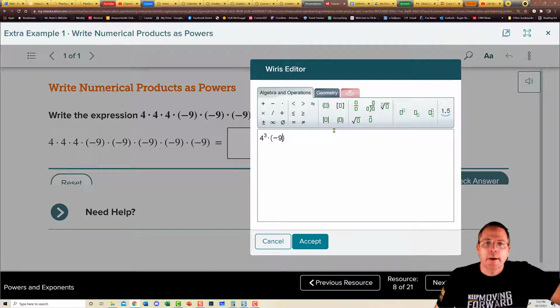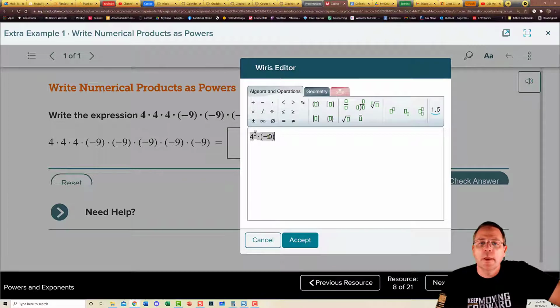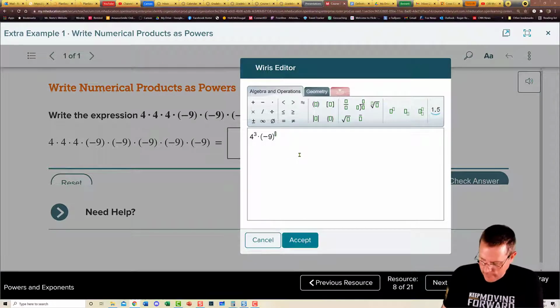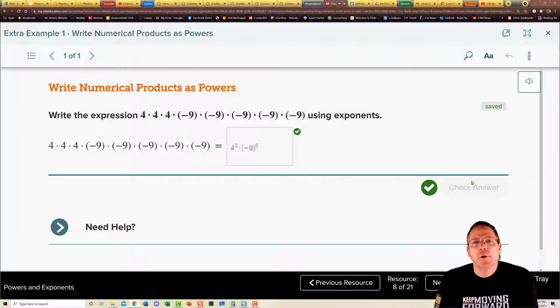And how many -9s are there? I think I may have screwed up there. Hold on. No, I didn't screw up. I was able to raise it. There were 5 9s there, so it's going to be to the fifth power. I'm going to hit accept, and I'm going to hit check. And what do you know? The computer even liked the way I typed it. Beautiful job.